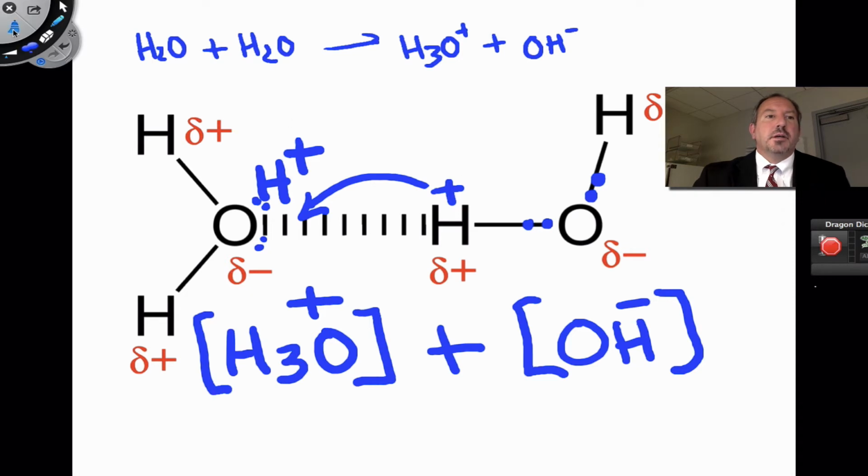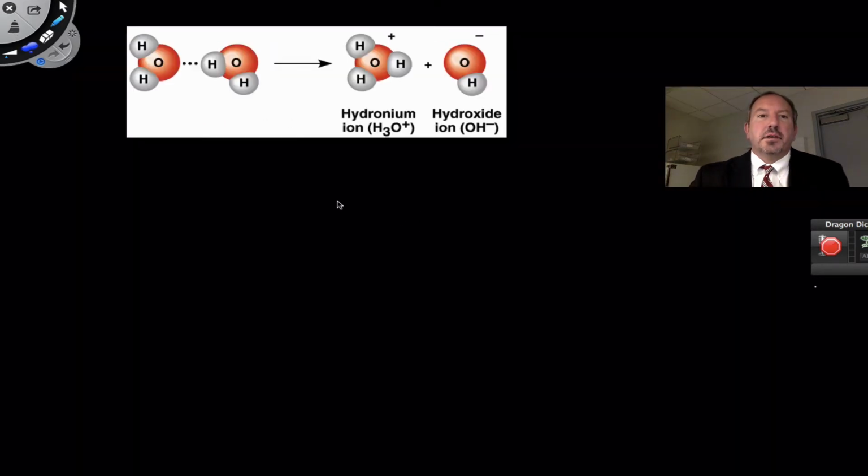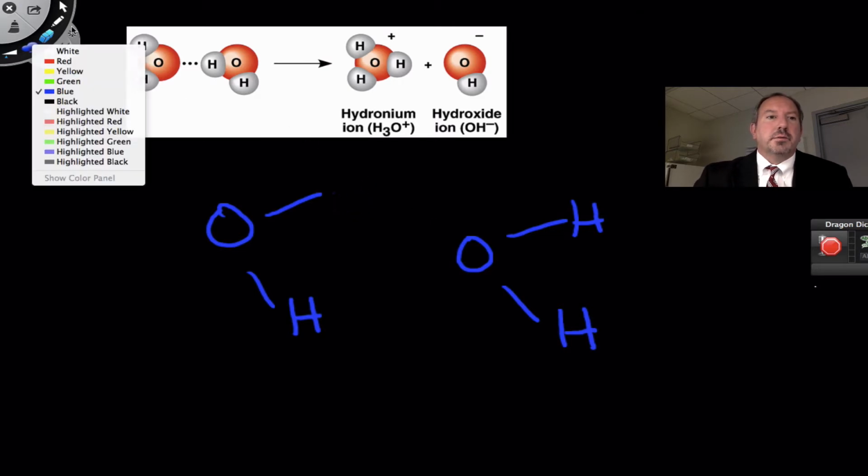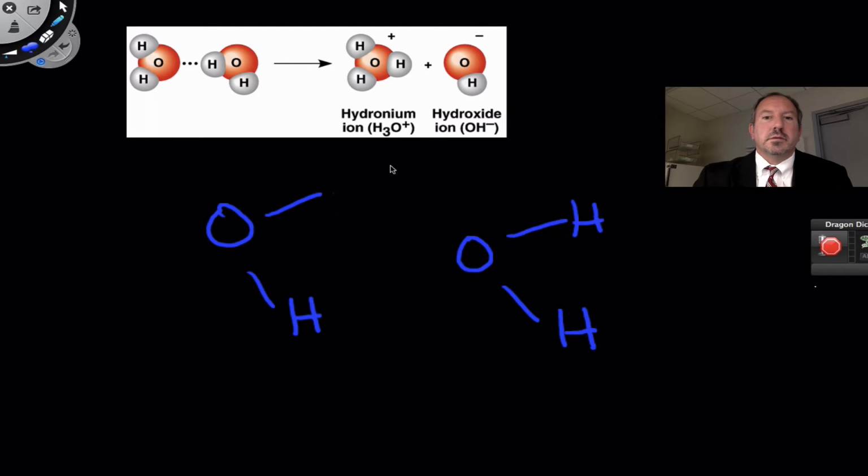And so what's interesting about this is, just to illustrate it one more time, if you had a water like this and another water like that next to it, literally this proton comes over like that. Just the proton comes over.